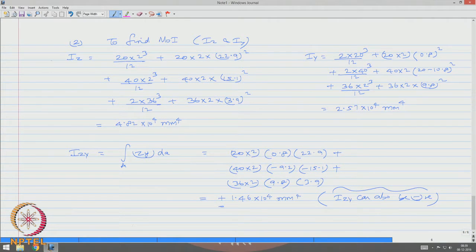Once I know I z, I y and I z y, we can find out the inclination of the principal axis of inertia by this equation which we already derived.